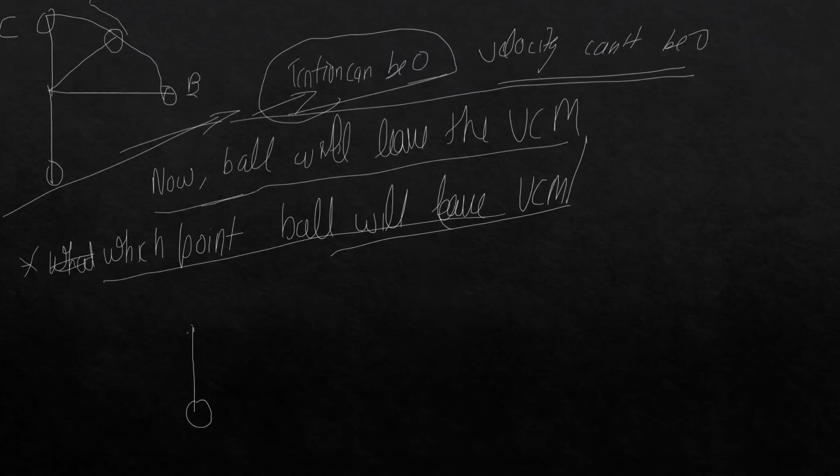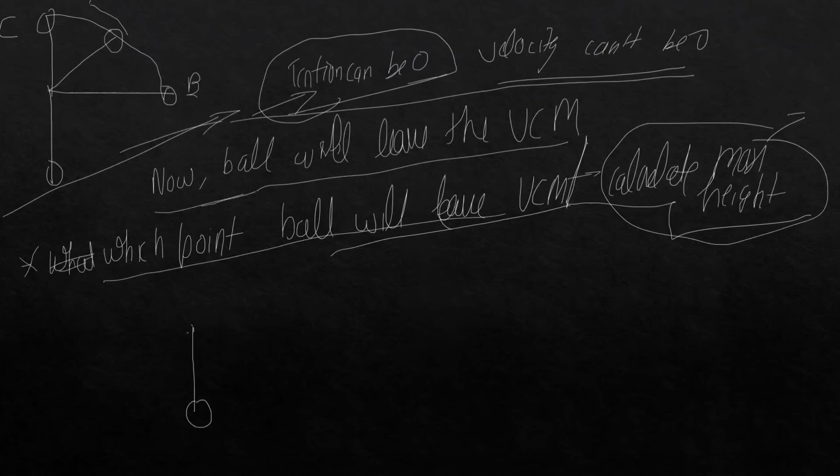And also, as part of the question, calculate the maximum height from the ground, which means from the lowest point. First find the point where it leaves the VCM, and then find the maximum height, because once you find it, it becomes a projectile, and after that you use the maximum height formula. A long calculation is going to come, so just see how to approach.